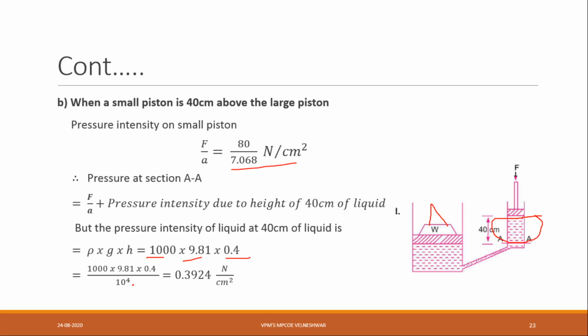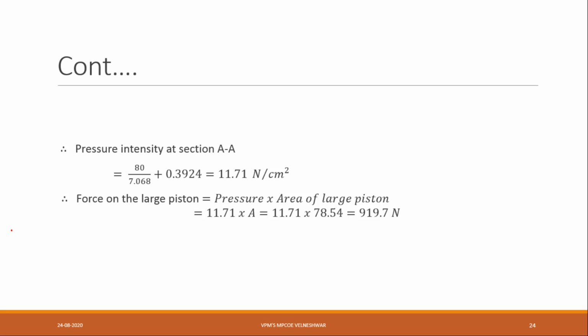So now at section AA, that is 80 divided by 7.068 plus 0.3924. Both I have to add. Now pressure intensity at section AA is equal to 80 divided by 7.068 plus 0.3924. By calculating this, I am getting 11.71 Newton per centimeter square.